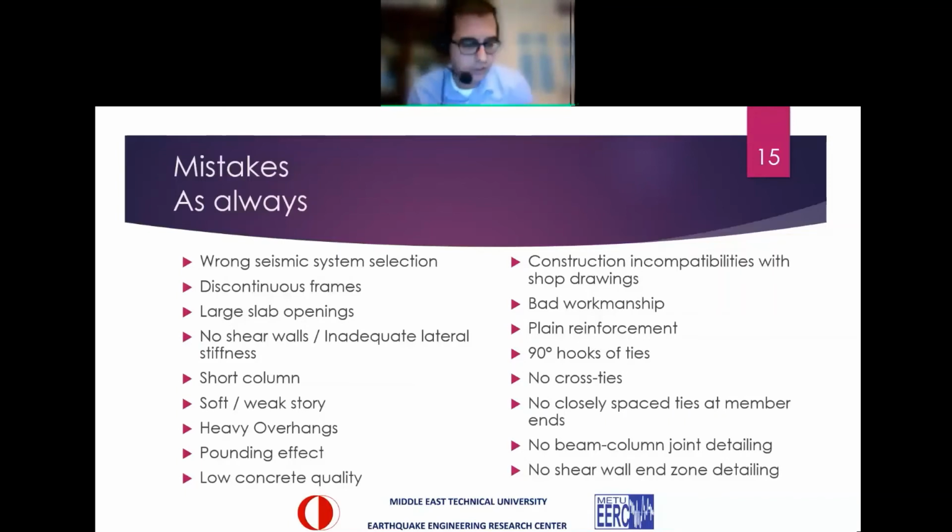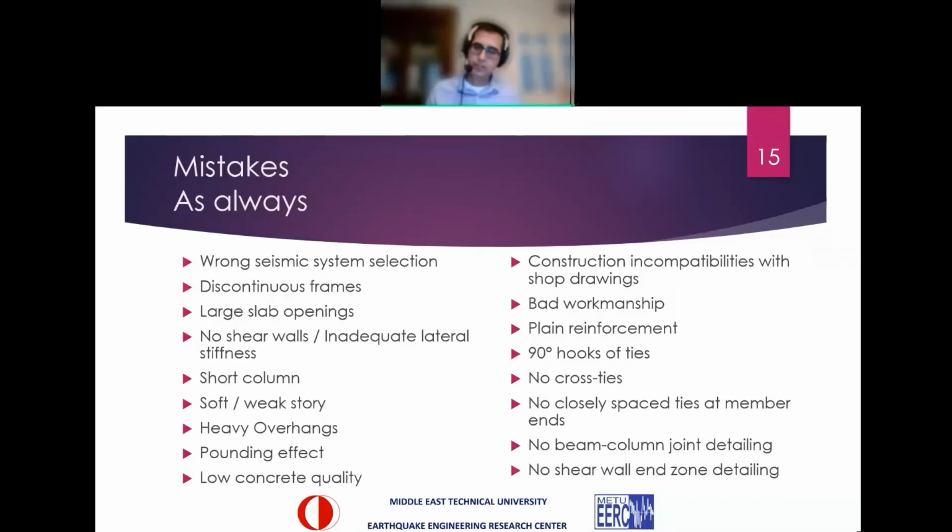I have never seen any cross ties in shear walls or in the columns. There are no cross ties, no closely spaced ties at the member ends. As you remember, at the end of the columns, at the bottom and top end, and at the left and right hand side of the beams, there should be closely spaced ties, but we didn't see such closely spaced ties.